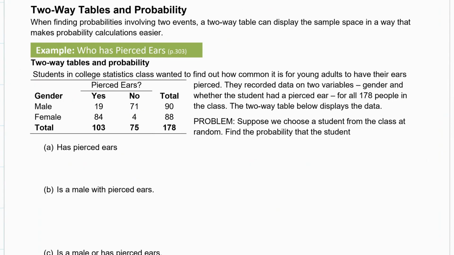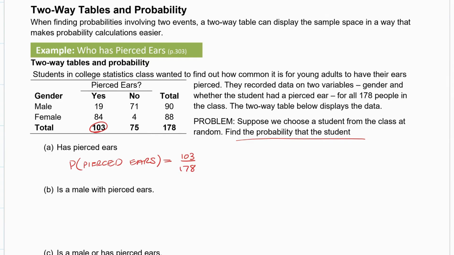Suppose we choose a person from the class at random. Find the probability that that student has pierced ears. Well, how many have pierced ears with this data set? If we go to pierced ears, yes, that would be 103 out of the 178 in the class.